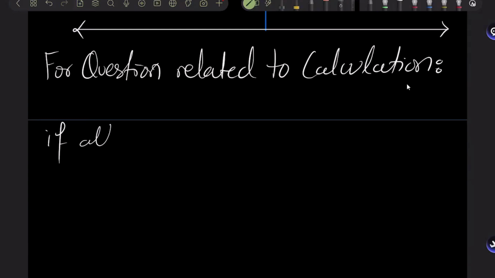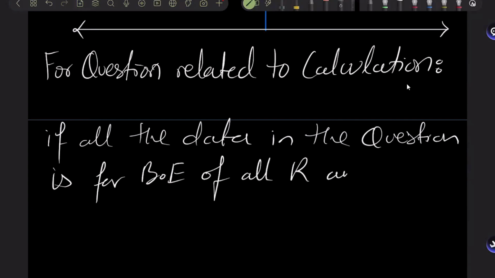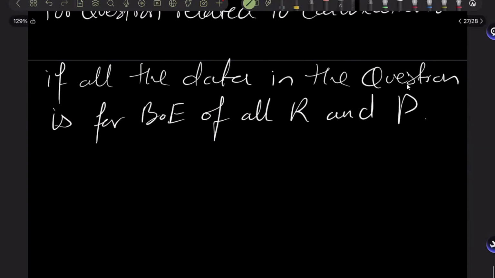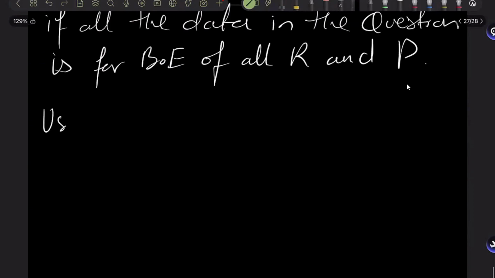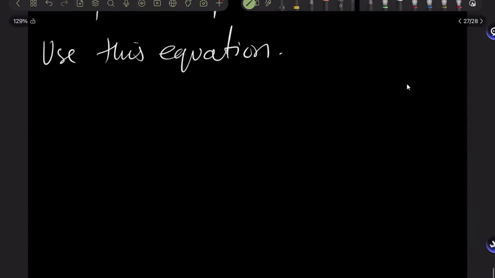If all the data in the question is for bond energies of all reactants and products, use this equation. Do not make any cycle. That will make it even more complicated. What you want to do is use this equation.